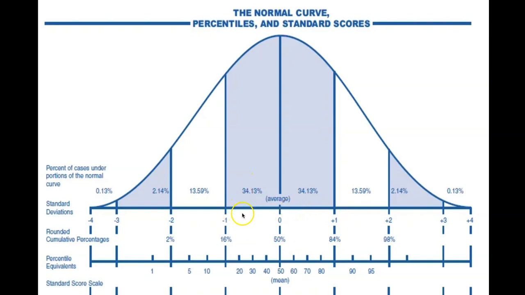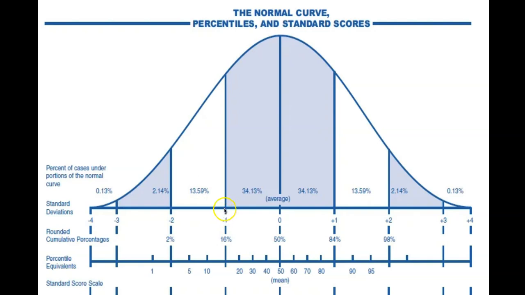So if we're talking to parents about their child, and let's say he's in the 30th percentile rank, they're like, oh my gosh, he got a 30%. You can say, no, he's still well within the average score. He's not even close to being outside the average.